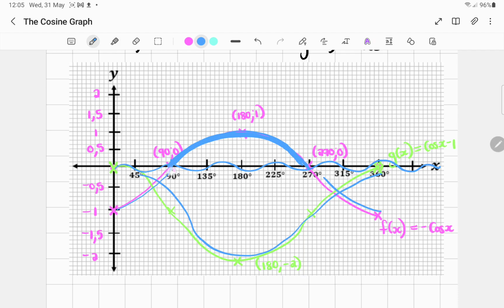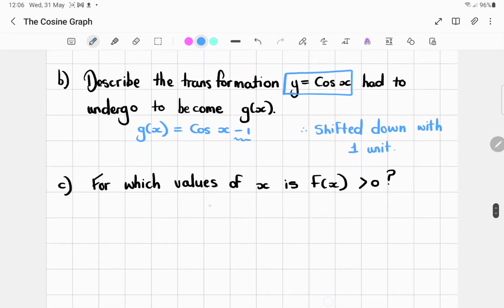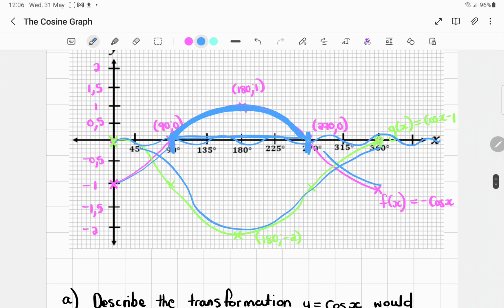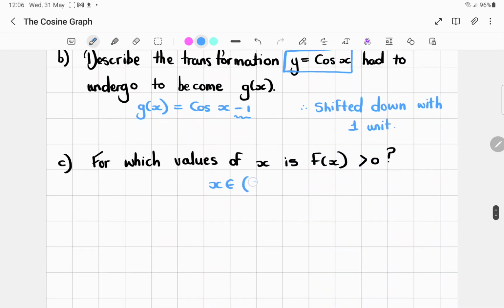So can you see for which values of x? So it would be 90 all the way up to 270. It's this part that's sticking out of the ocean. I hope you can understand it like that. So you're going to say x is an element of round brackets because I don't have that stripey underneath. X is an element of (90; 270).